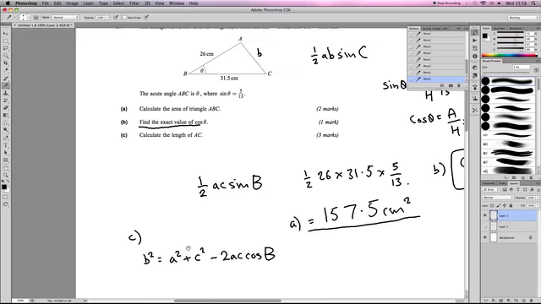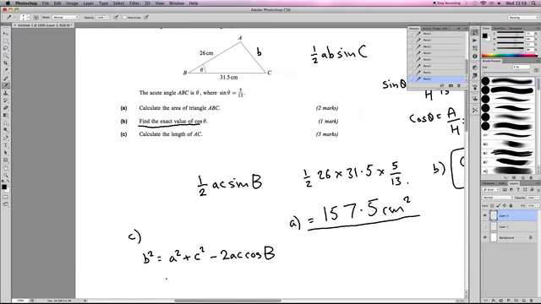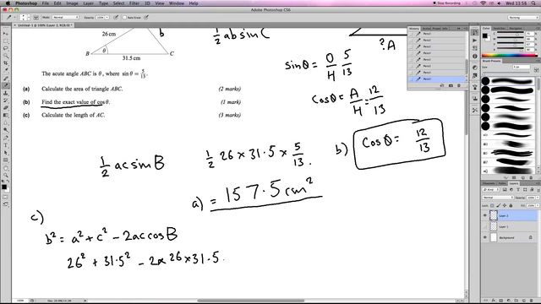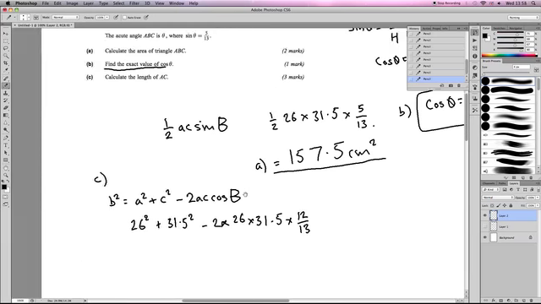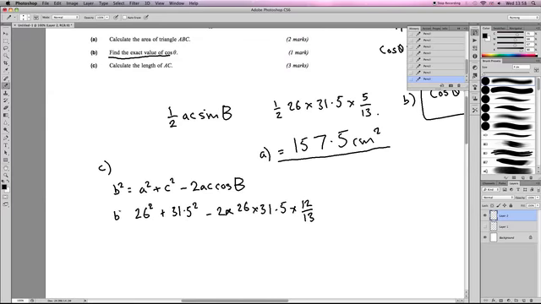So all we need to do is substitute our numbers in to get the first mark. So I'm going to call that 26, and I'm going to call that 31.5, squared minus 2 times 26 times 31.5. Now cos b we worked out, that is 12 over 13. So that is actually really important for us to find.